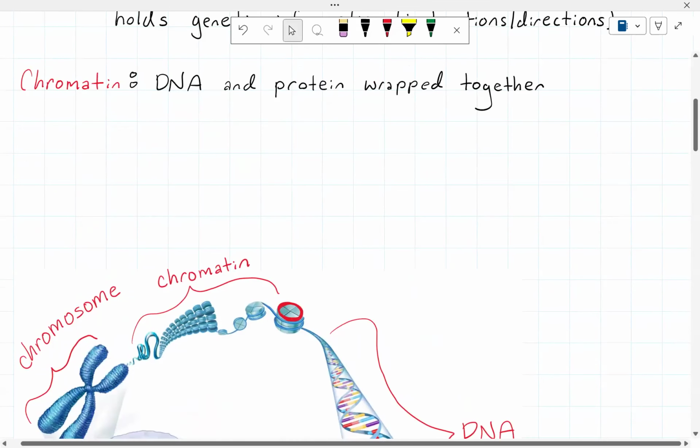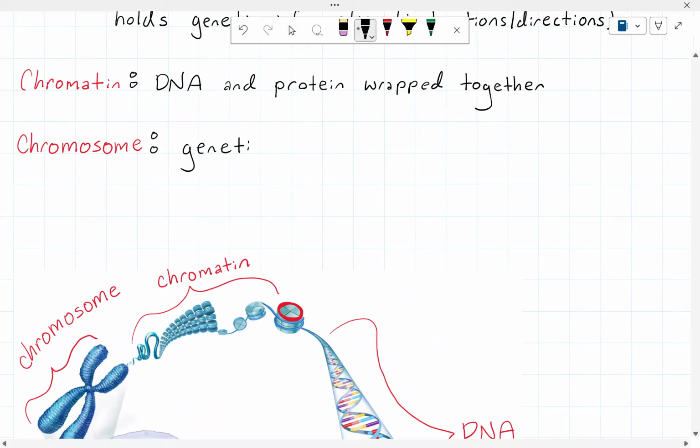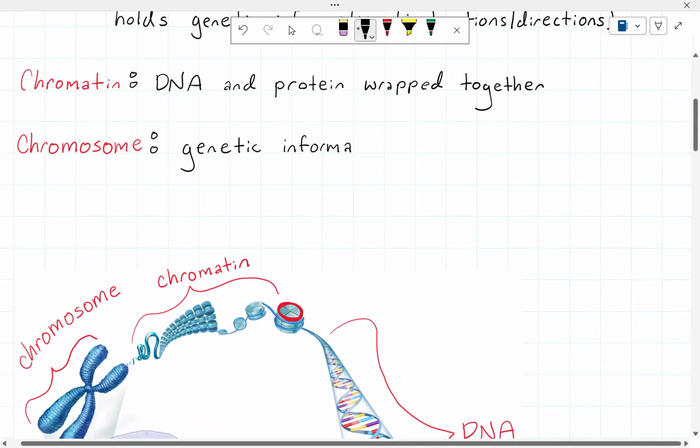We'll go back up here to define chromosome. A chromosome is all of that genetic information that is held within the DNA in a bundled package.